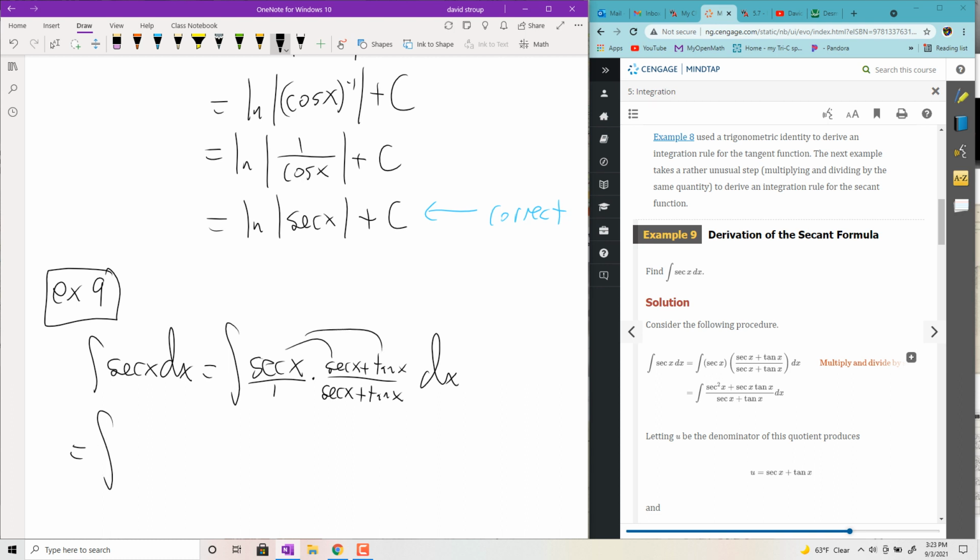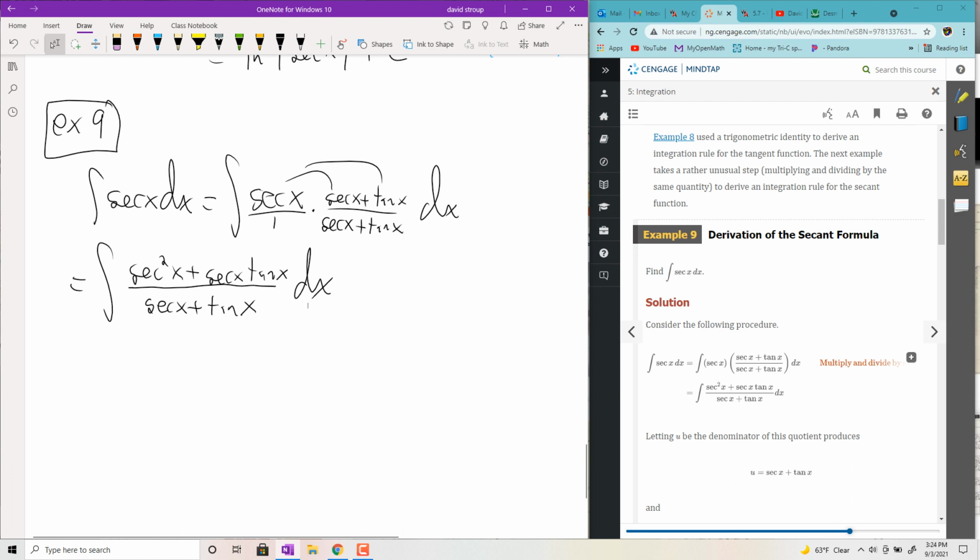Let's first distribute this. So secant squared x plus secant x tan x all over the secant x plus tan x. And you see the function in the denominator, the secant x plus tan x, its derivative is sitting in the numerator.